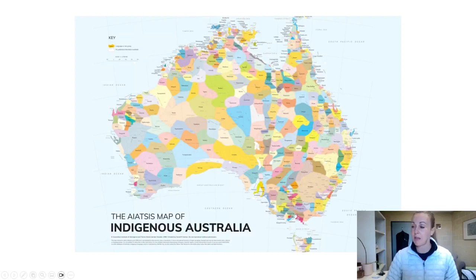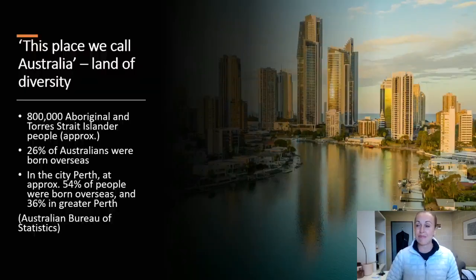It really is a complete land of diversity, with many different Aboriginal and Torres Strait Islander nations that were here before it was even imagined to be a singular country that we could call ourselves Australian.